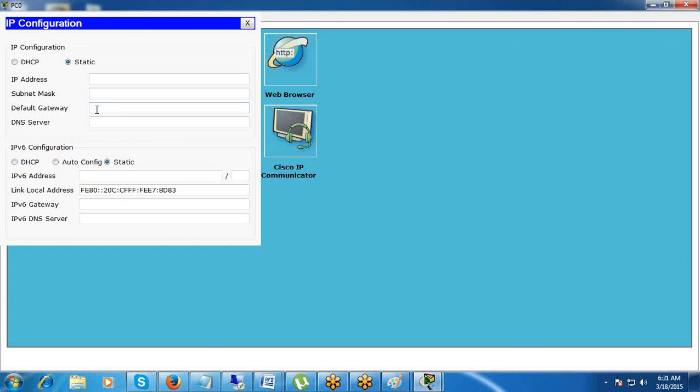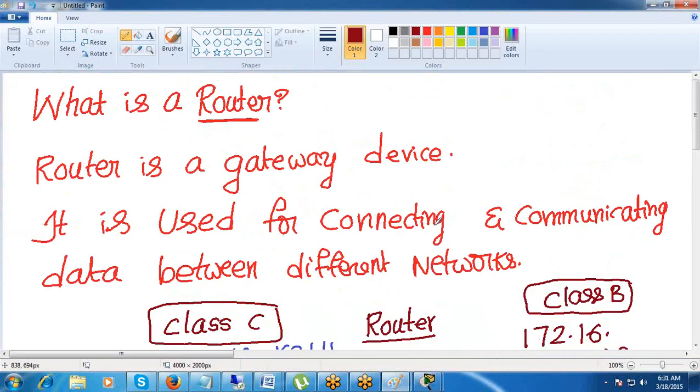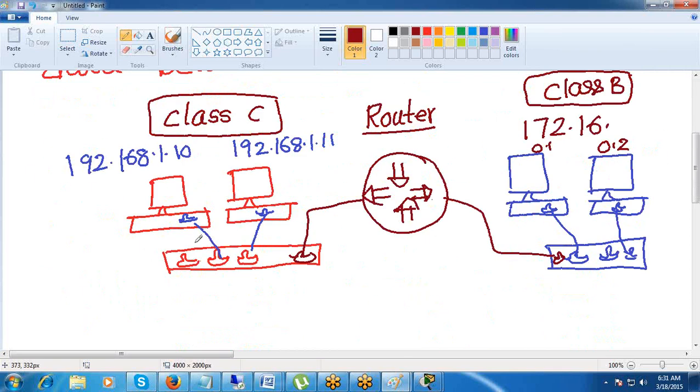What IP address do you have to type here? The router is the gateway device. It is used for connecting and communicating data between different networks.